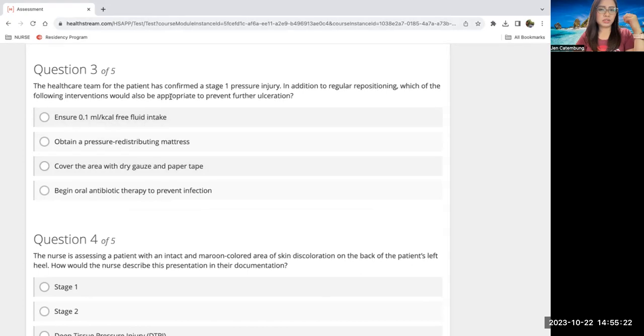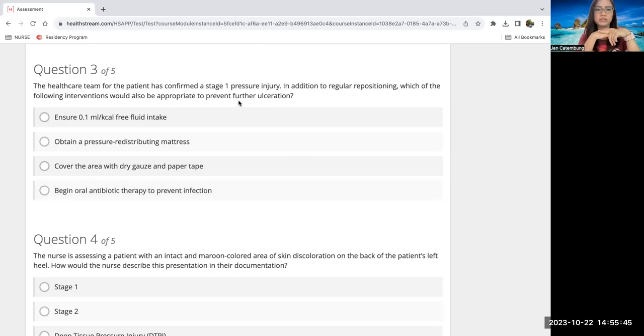The question is, how will you prevent further ulceration aside from repositioning? Cover the area with dry gauze and paper tape. Begin oral antibiotic therapy to prevent infection. This is to prevent further ulceration.